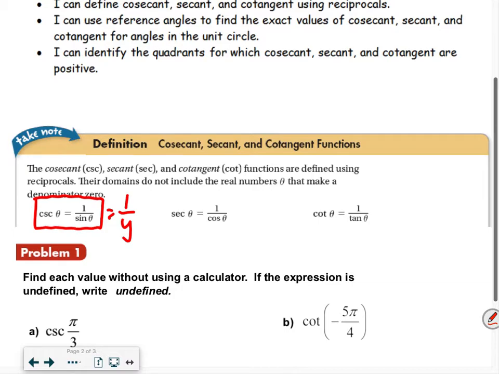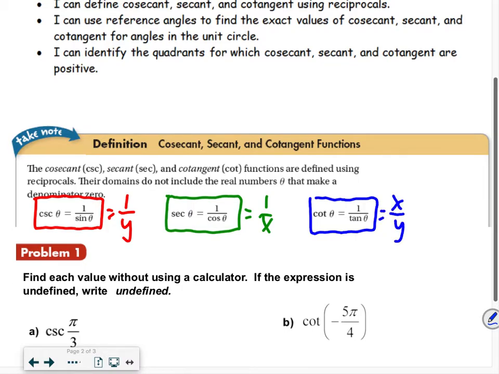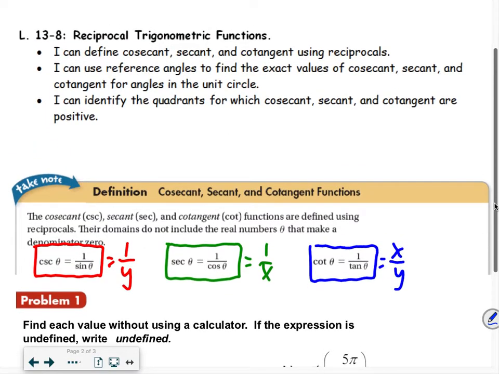My secant is 1 over cosine. Cosine is x, so my secant is 1 over x. And then cotangent is 1 over our tangent. Well, our tangent is y over x. So 1 over that, we're just going to flip it, x over y. Okay. Now, that is probably extremely confusing. So we're also going to write it like this.